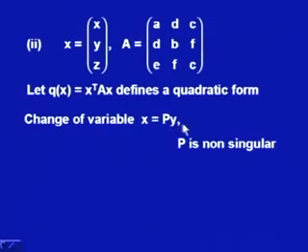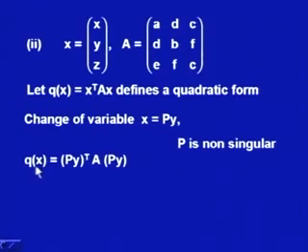By suitably changing the variable x equal to Py, where P is a non-singular matrix, we can write down the quadratic expression q(x), x a column vector, as (Py) transpose, that is what I am writing for x transpose, A multiplied by Py.